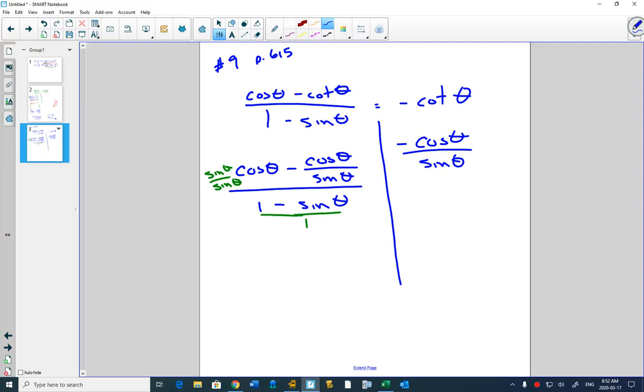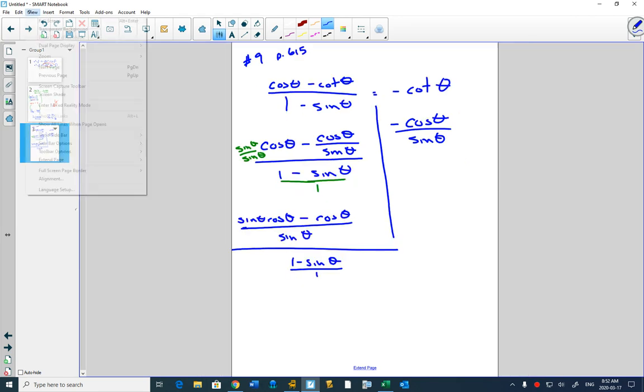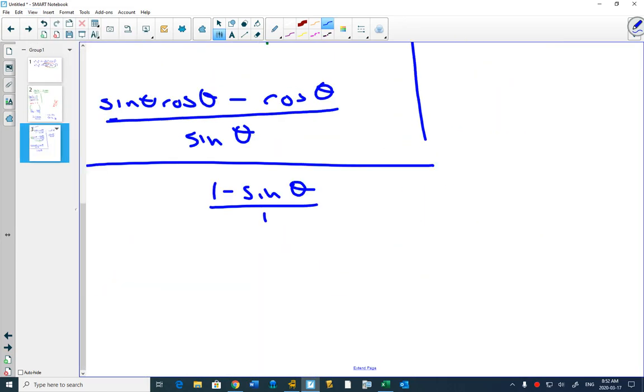Now when I multiply the tops, I'm going to get sine theta cos theta minus cos theta all over sine theta. I'm going to draw a bigger line from my main fraction. I have 1 minus sine theta over 1. So now I can multiply by the reciprocal.